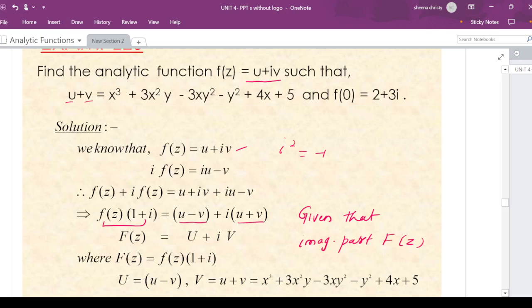Okay. So here capital F of z equal to f of z times 1 plus i.